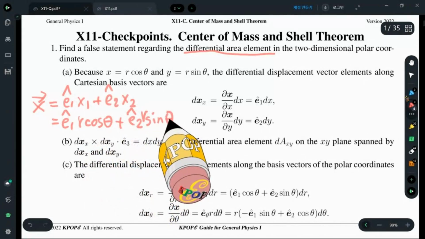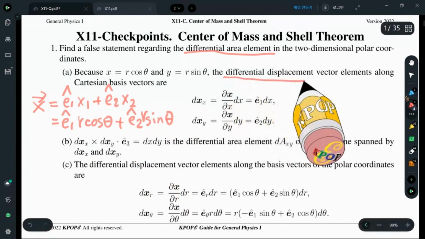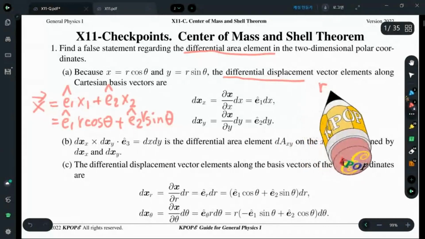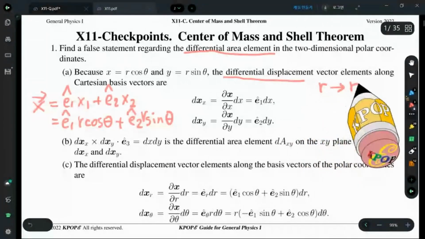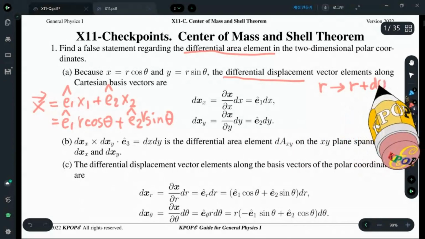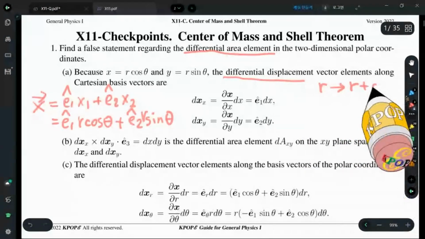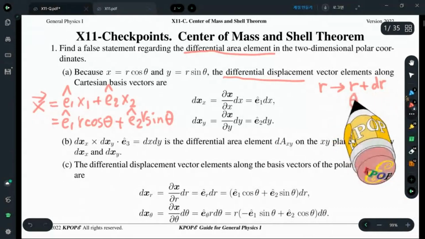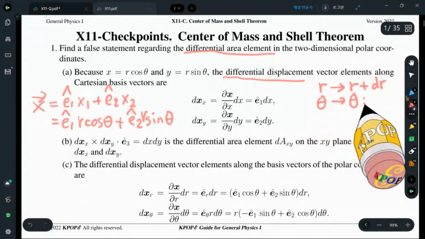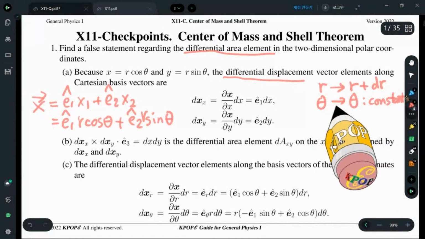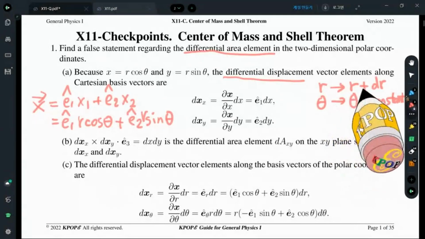Okay. If I want to find the differential element along the direction of radius, for example, from r to r plus dr, and keeping the theta constant, that means we need to take the partial derivative with respect to r.